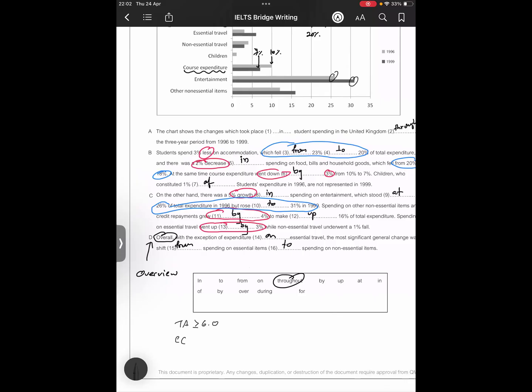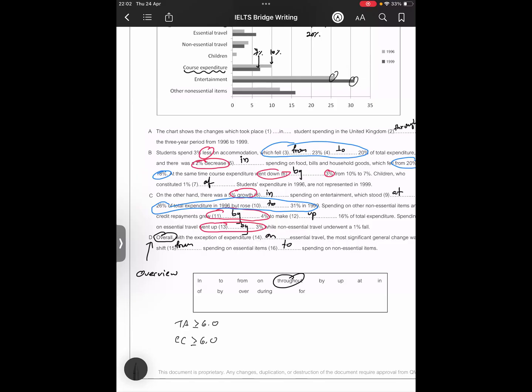Now for coherence and cohesion, we have to look at how well it flows, okay? Is there any sentence, any point where you need to pause to think what he's saying here? No, right? So this is greater than or equal to 6.